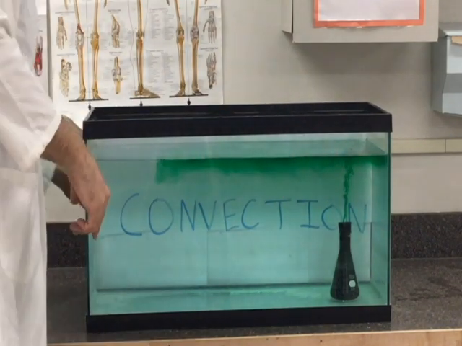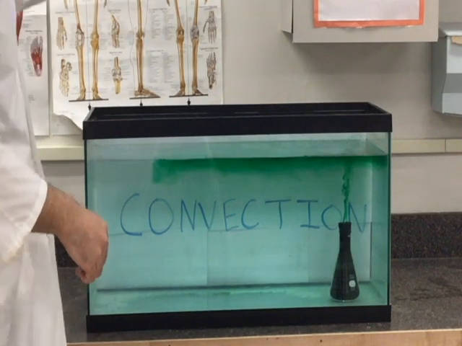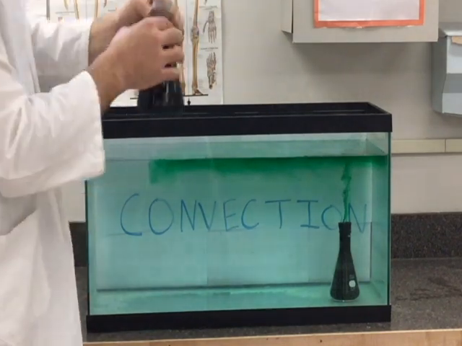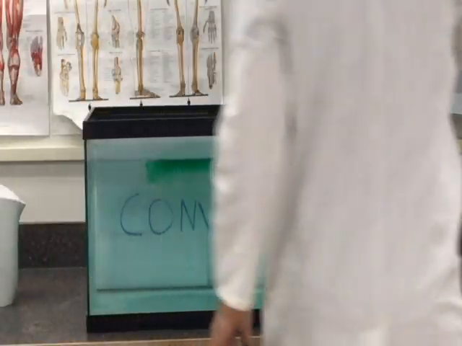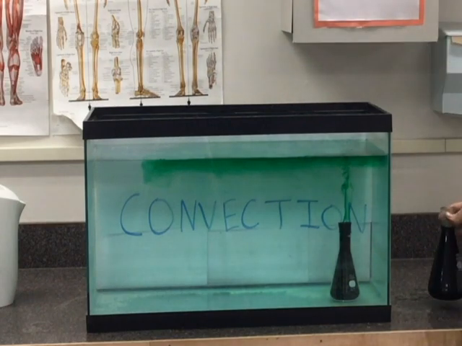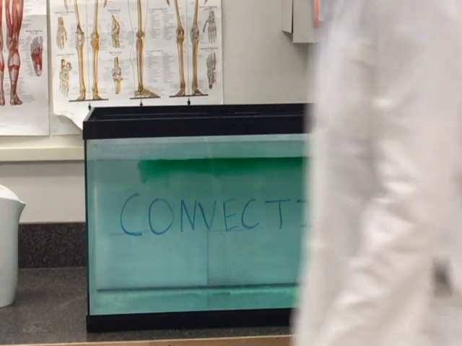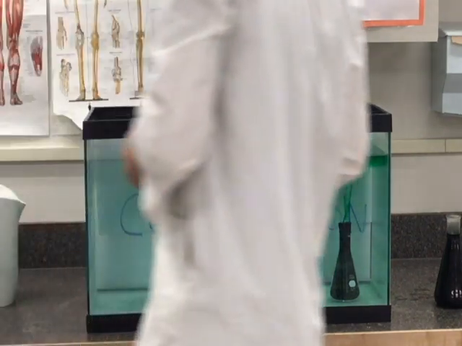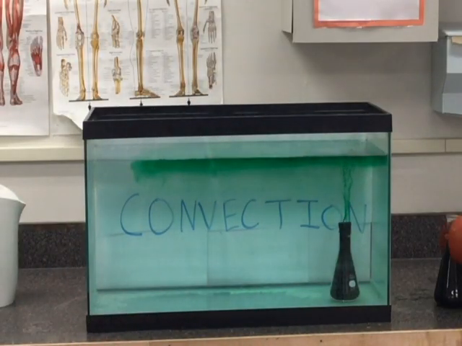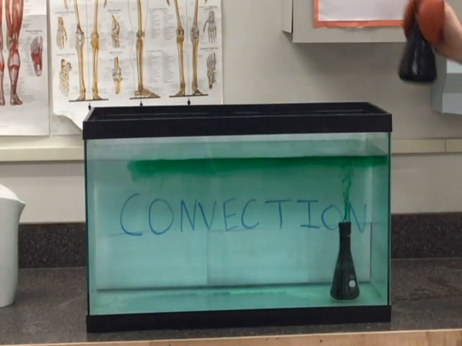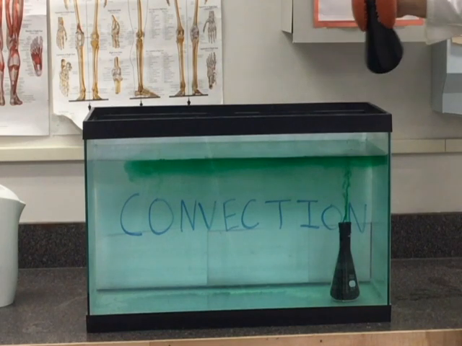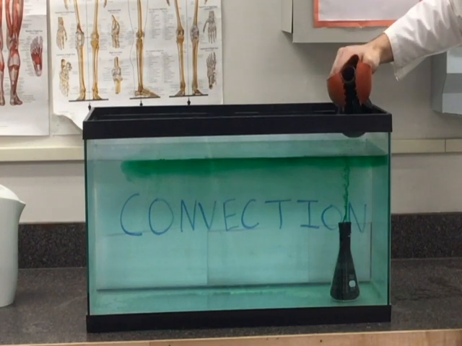Now I'm going to speed this up a little bit. We're going to add one more flask just of hot water. Once again with food coloring. And I'm actually just going to pour this just gently.